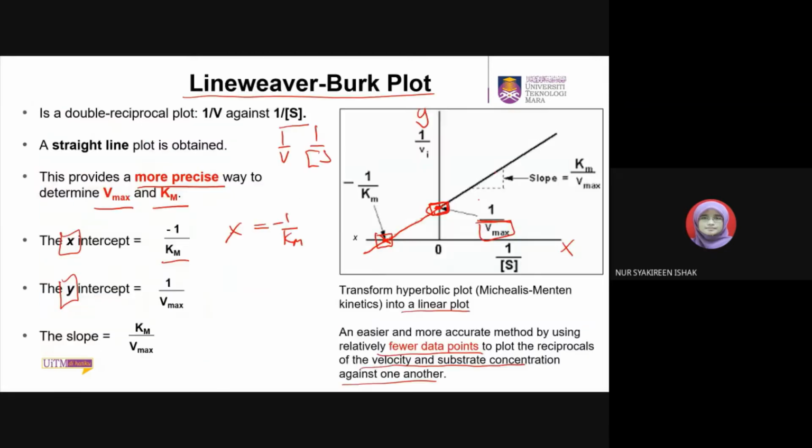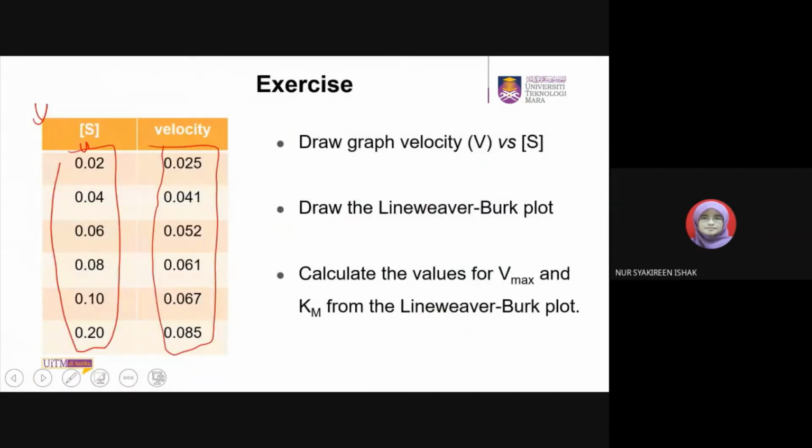Do not leave out the unit in your answer. In this case, because this is an exercise, it's okay, we can ignore it. But make sure when you are answering this question, you include the units.